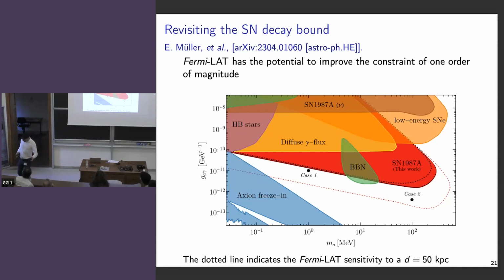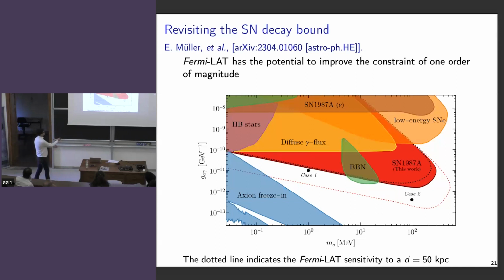Now, they also asked themselves, okay, we have evaluated the sensitivity, but what could happen if we manage to detect a signal? How can we reconstruct the ALP parameters after the detection of a signal? In order to answer these questions, they considered two different cases. Case one, considering an axion mass of 1 MeV, and case two, considering an axion mass of 100 MeV.